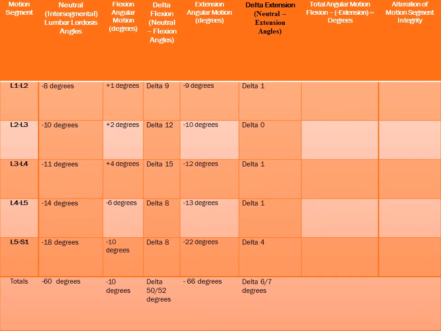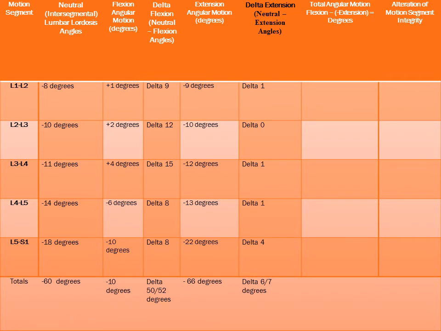At L2, L3, the delta extension degrees is 0, meaning that in the neutral lateral position, the intersegmental angle at L2, L3 was -10 degrees. In full lumbar extension, it also measured -10 degrees, indicating that there's no motion of that vertebra in the movement of extension.